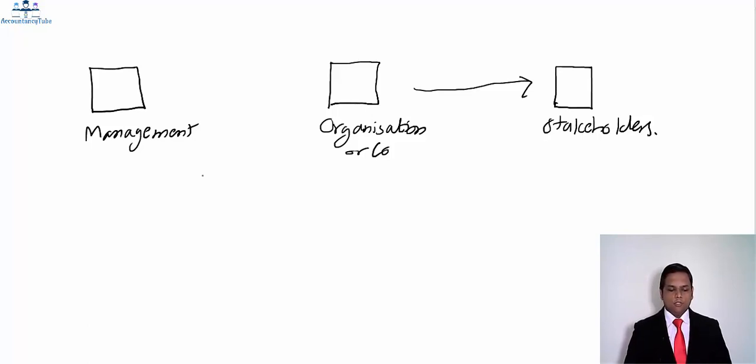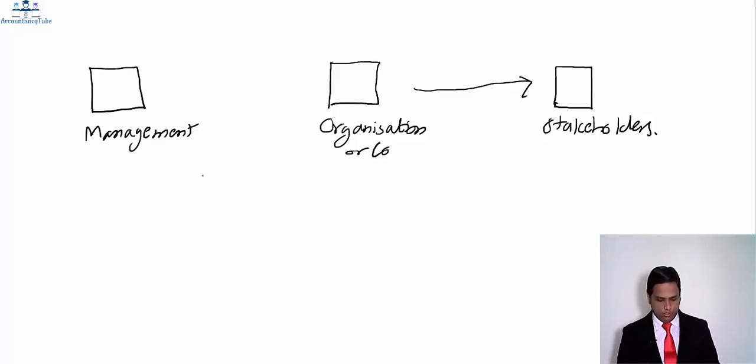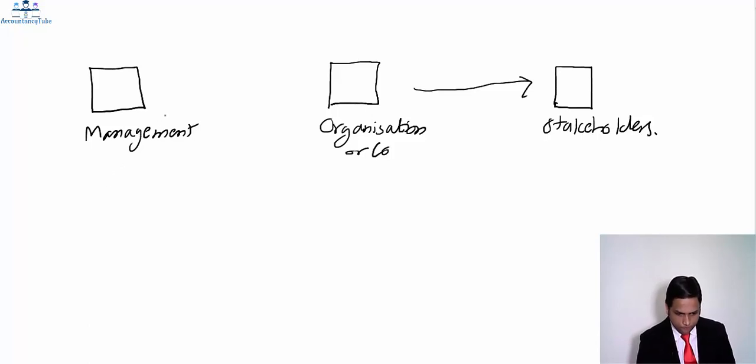So they sometimes try to achieve short-term objectives at an aggressive pace. To eliminate this, we need to have some level of goal congruence between the management and the organization. So what we need over here is goal congruence.